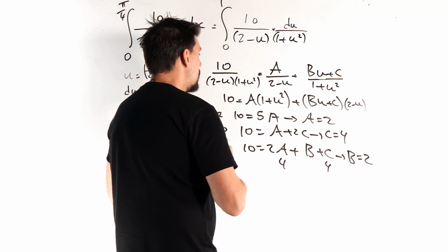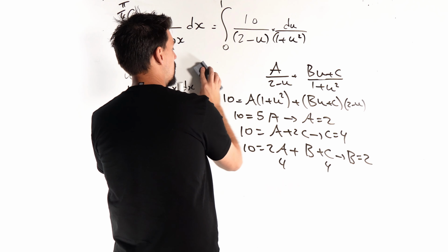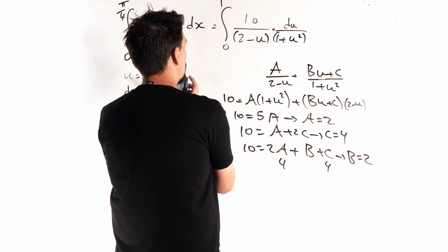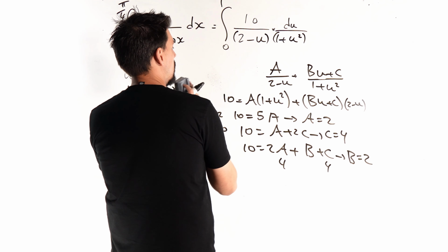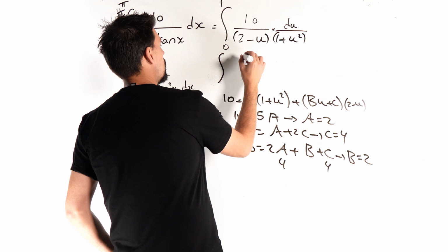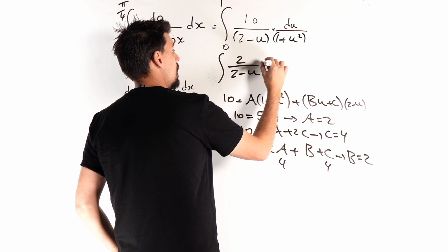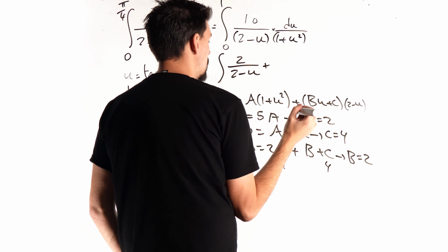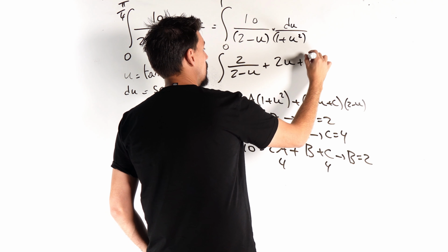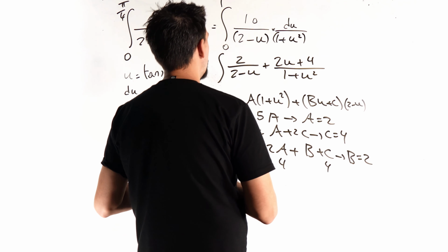So the integral that we want to do becomes the integral of 2 over 2 minus u plus 2u plus 4 over 1 plus u squared.